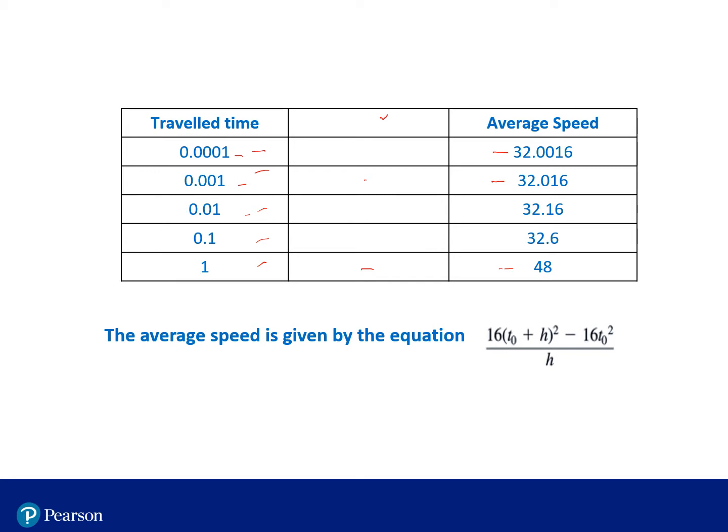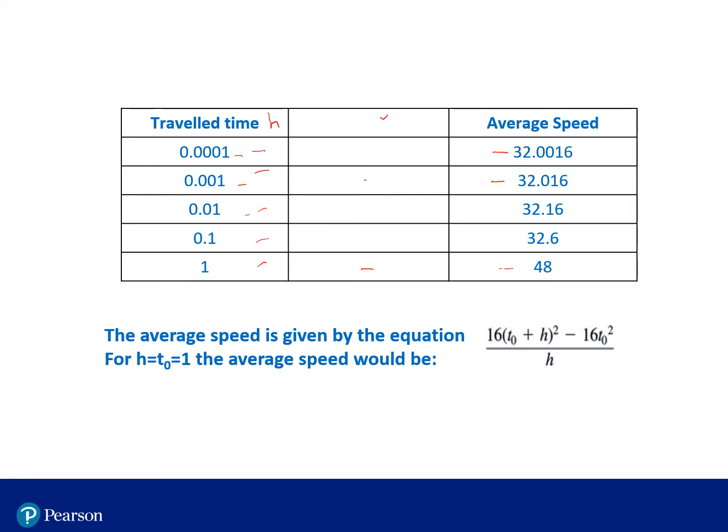So 16 multiplied by t0, the time the ball is dropped, and h is the time that the ball kept falling. So h is going to take values from 0.00001 all the way until 1. So for the travel time, we can put here h. These are values for h.